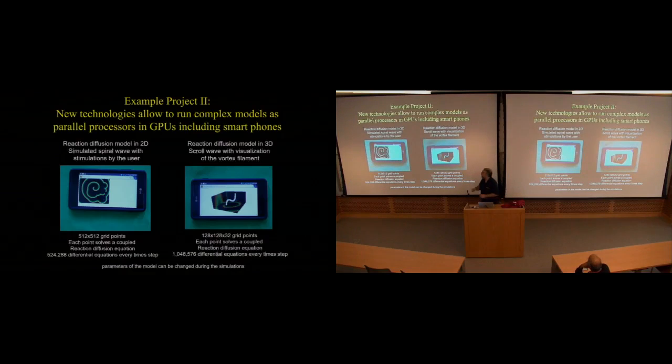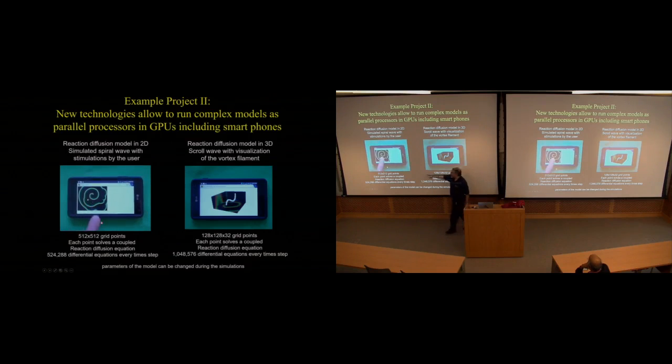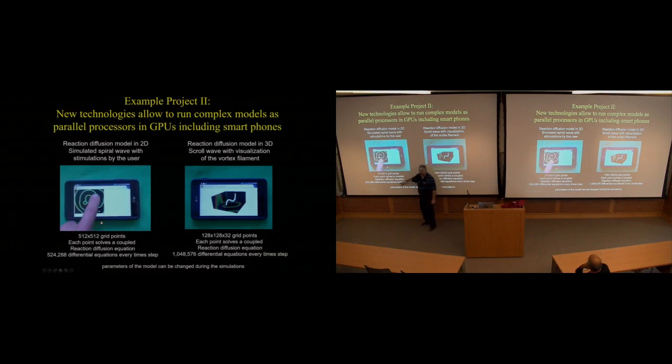It's funny that it delays so much, because some of these things run on my phone. Because a phone has a GPU, you can run these things on a phone. This is running 512 by 512 grid points on my phone. It's 500,000 differential equations every time step, and you can interact with it. You can do three-dimensional simulations as well. This is a cube.